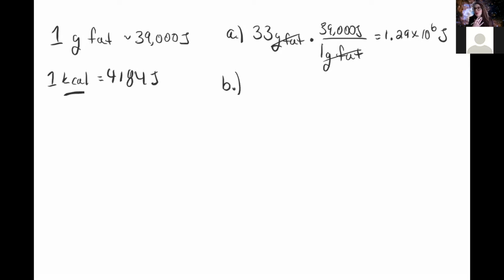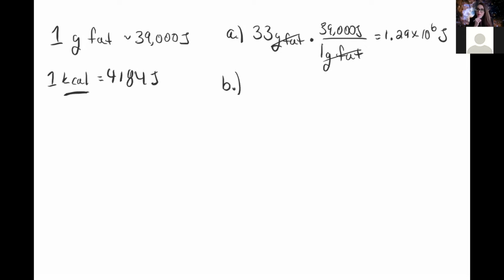The granola bar that I eat sometimes in the morning is 120 calories. It says calories, but it's actually 120 kilocalories. And if I multiply that by 4,184, that tells me joules, that tells me how much energy is stored in that granola bar, okay?